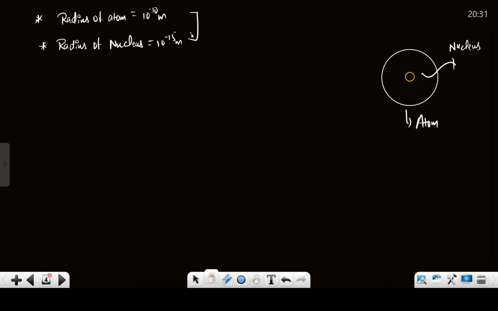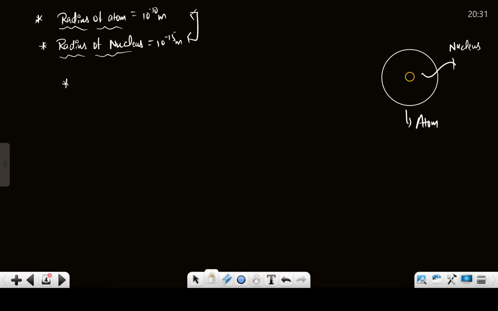Sir, how are we able to know the values of this? Because this is an experimental value that we have found. It is a revision session, so I am hoping you know this much, or if you don't, then you should remember these values from right now. So this is the radius of the atom, and this is the radius of the nucleus.